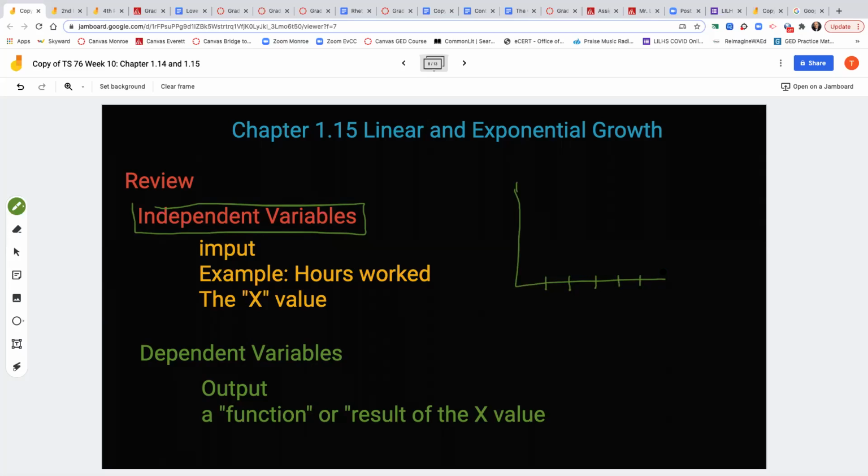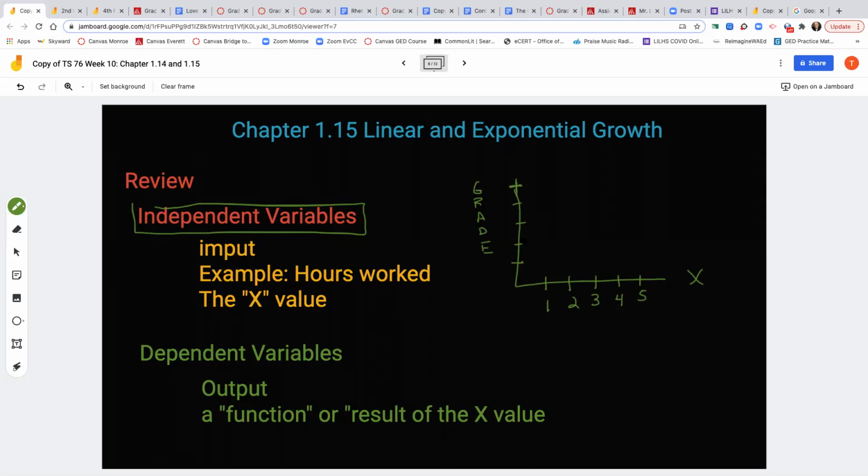Remember the X axis and the Y axis. They've done research and found that for every hour you study, it affects your grade. They've also done studies showing you can study too much, and it starts having a diminished effect on your grade.